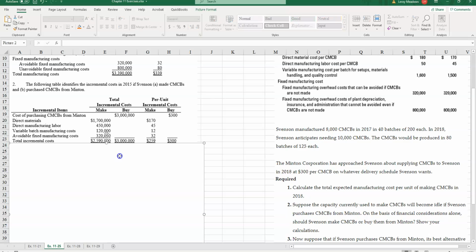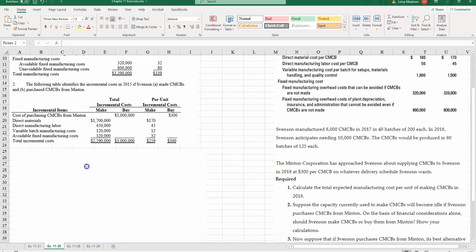If I'm looking at just the relevant information, the cost of making it, it's going to cost me $3 million to buy the 10,000 units, but it's only going to cost me $2,590,000 in relevant costs. So what do we have here?